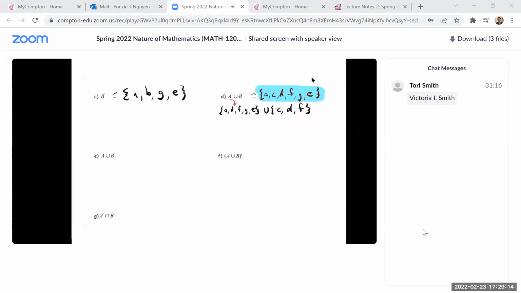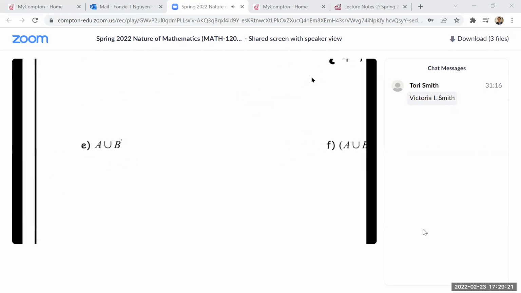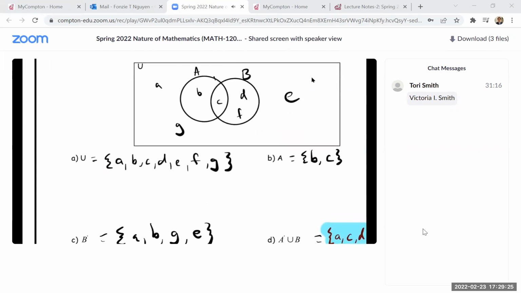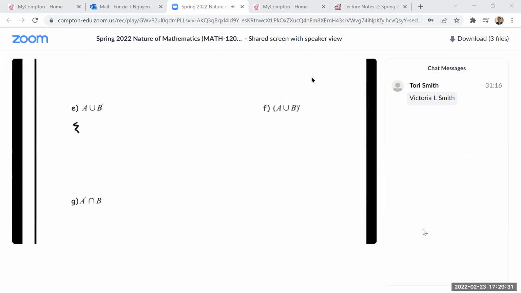Okay, over here it's going to be the same thing, but this time it's a complement of B. So let's see, what's in A first? B and C. Union, what's in the B complement?